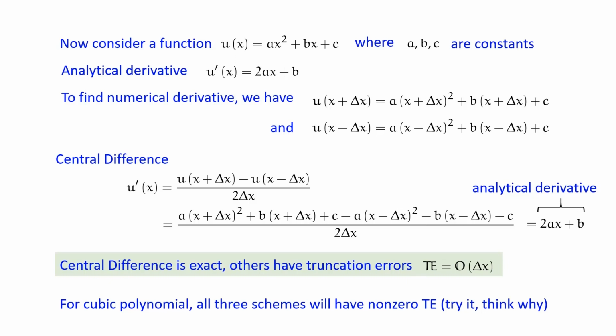So you can think about it, what's going on: why in linear none of them has truncation error, in quadratic central doesn't have truncation error while the other two do, and for cubic all of them have truncation error? So what's going on?